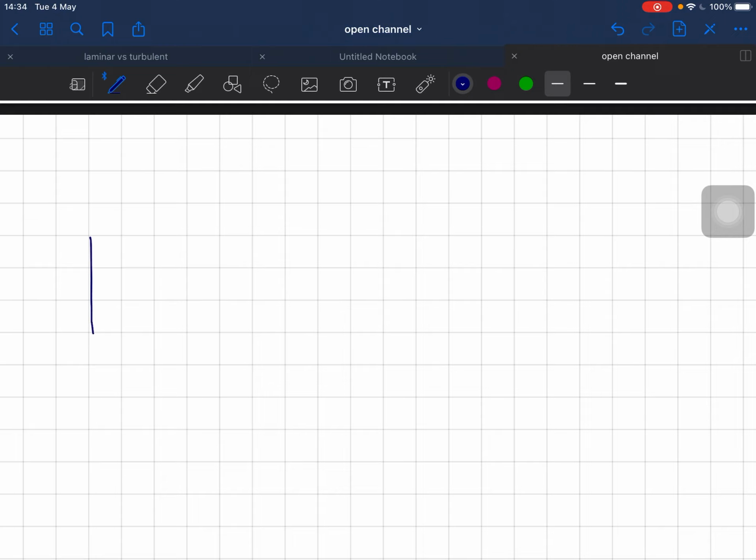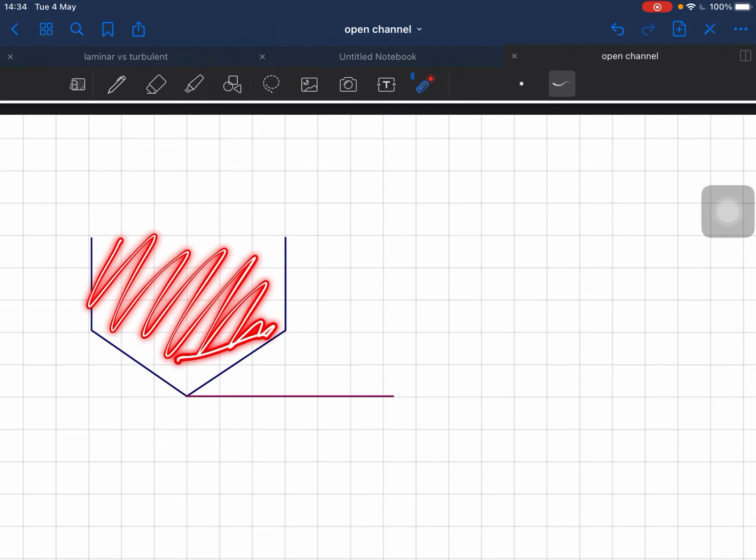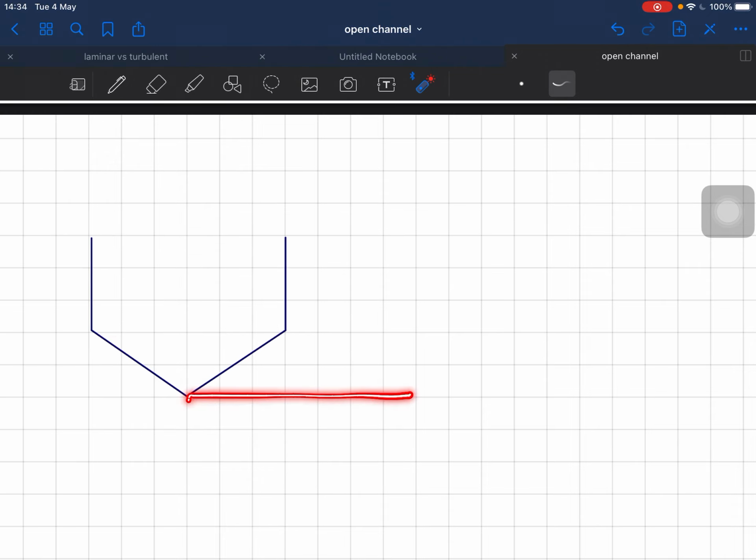Let's say this is 6 like this. I'm not sure how much is 30 degrees, so I'll just say it's something this way. Here is the channel, only here, and this is the ground.